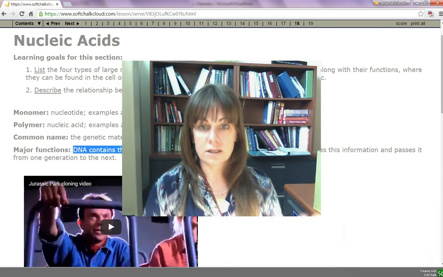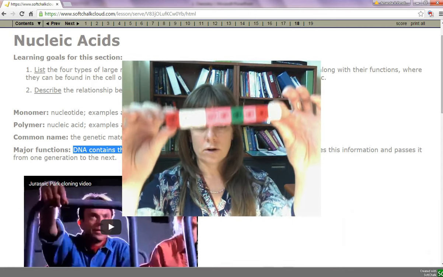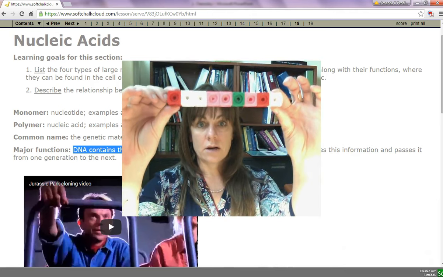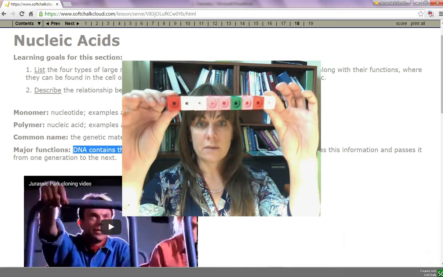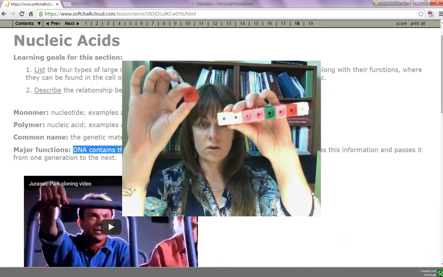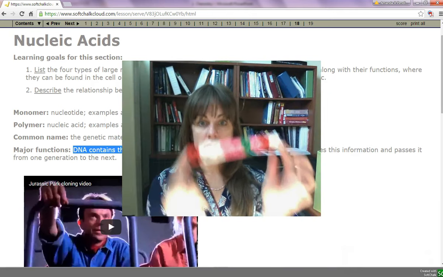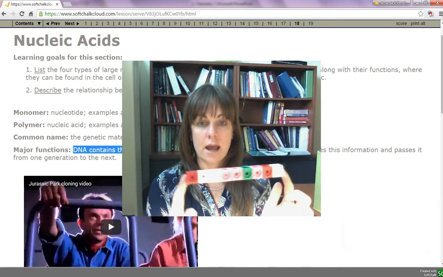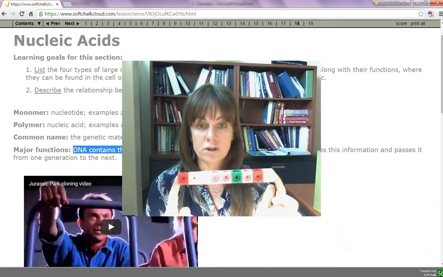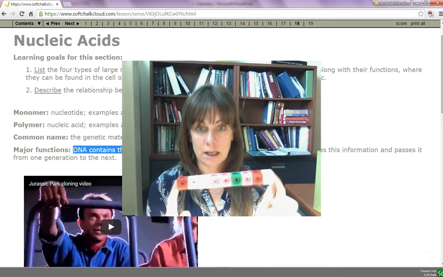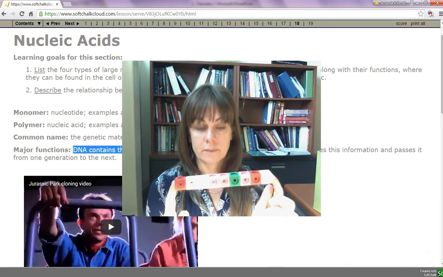And they can be put together in any order, okay? So here is maybe a little segment of DNA. Here's the nucleotide. You put it together to get a nucleic acid. And the type we're talking about is the DNA nucleic acid.